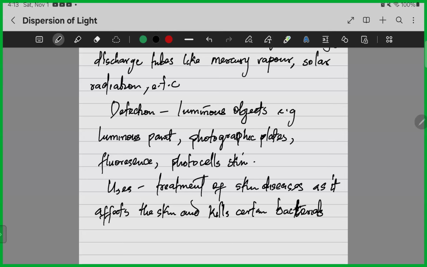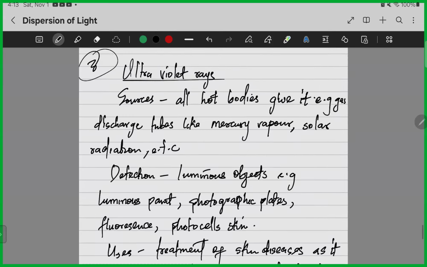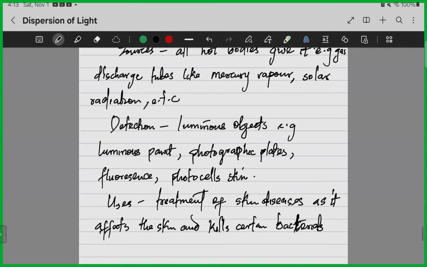So that's the use of ultraviolet. Still have more.